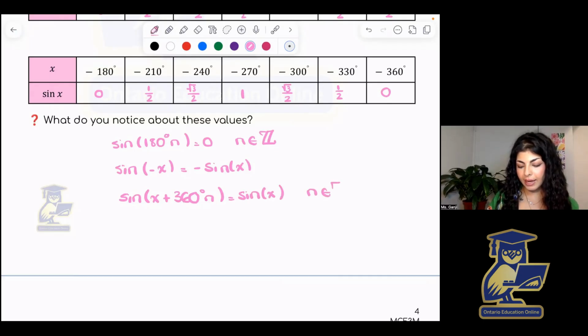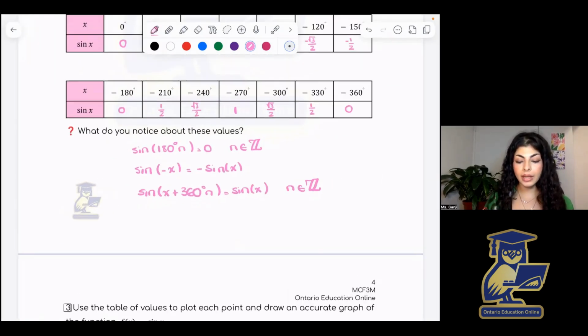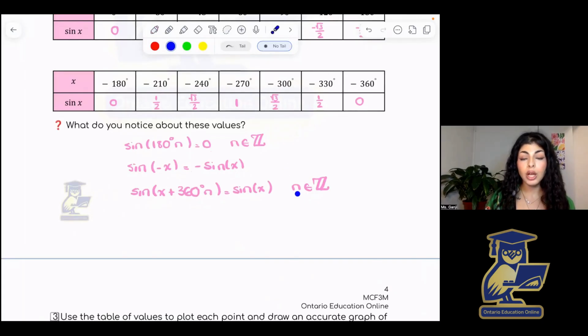Again, given that n is an integer, because we want the whole cycle to repeat, which is why we need an integer. So one complete cycle or two or three complete cycles, or if we're going in the negative direction, negative of one cycle, and so on. So that's why we don't consider real numbers. We can't have half of the cycle because the rule will not hold.